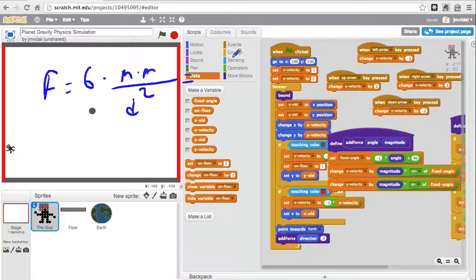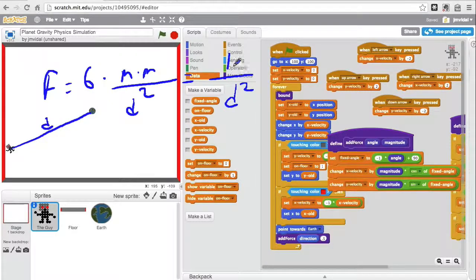So Newton tells us that the force of gravity between two objects is basically 1 over the square of the distance, the distance between the guy and the Earth. So as he gets farther, this number gets bigger, so the force of gravity gets smaller.